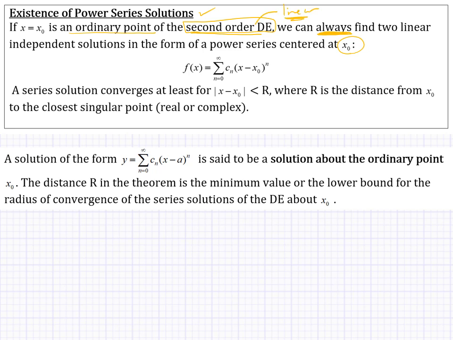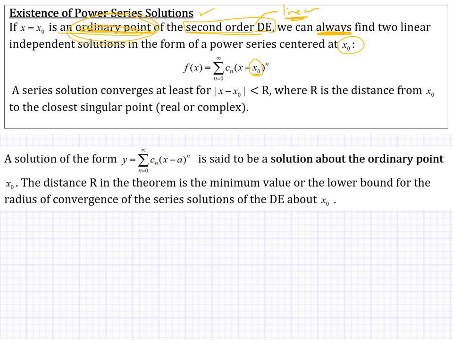But we can always find two linearly independent solutions as long as this power series itself is centered, and this right here is the center of the power series, as long as the power series is centered at the ordinary point. So that's why ordinary points are so important, being able to determine if we have an ordinary point.